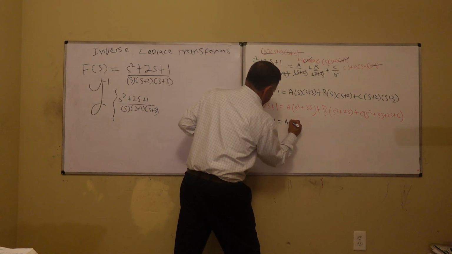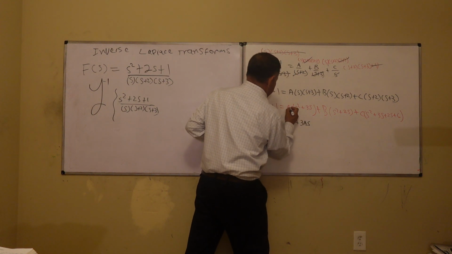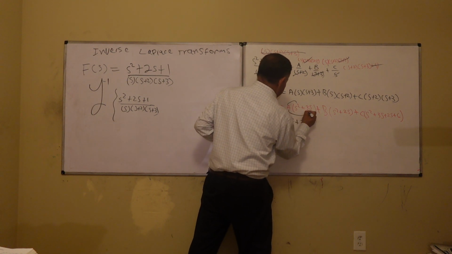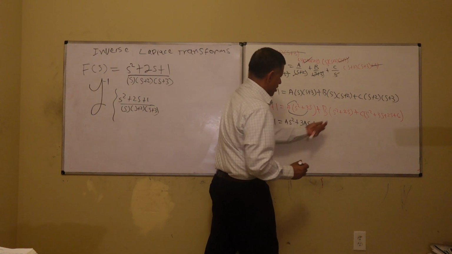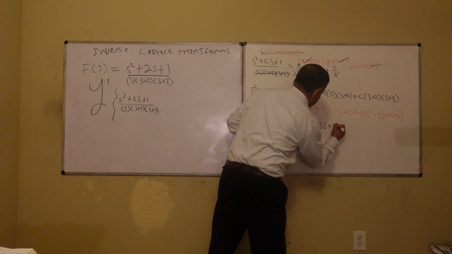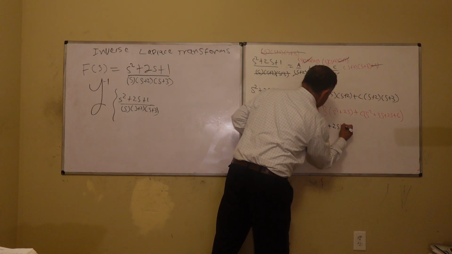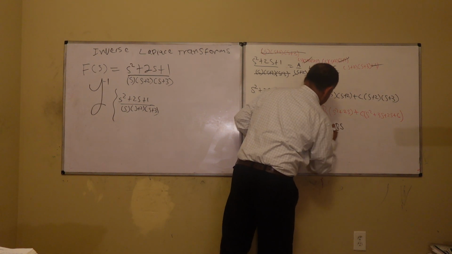equal to AS squared plus 3AS, right? That times that times that, right? Plus B plus BS plus 2S. Okay?